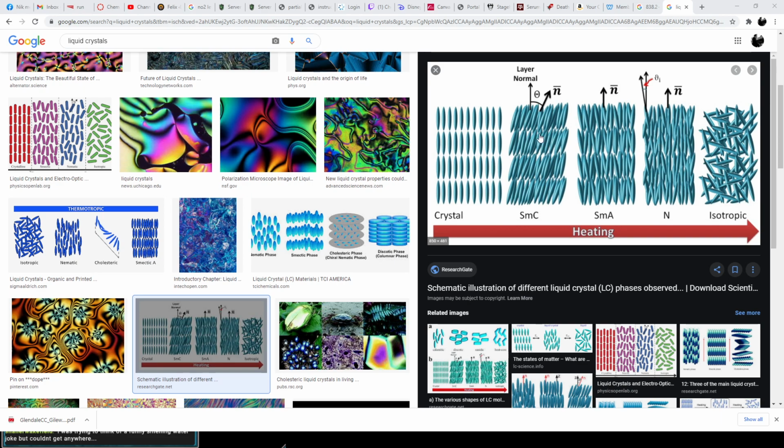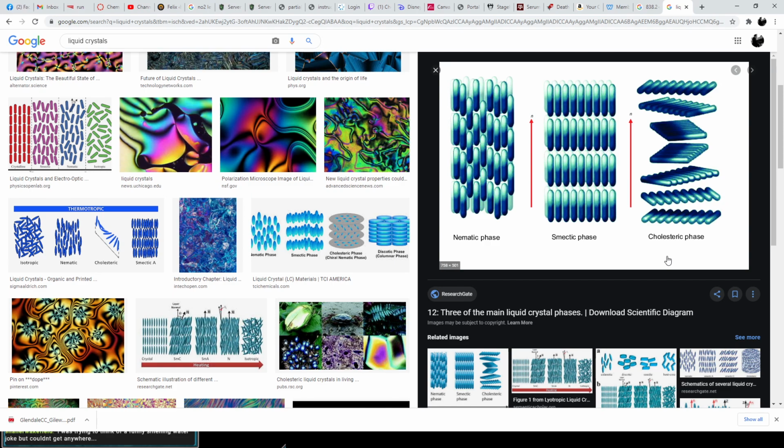You don't need to memorize these at all. But this is kind of what they look like molecularly. Let's see what this example looks like. This is actually a pretty good example. In nematic ones, they're all oriented the same way, but they're not in nice crisp layers.